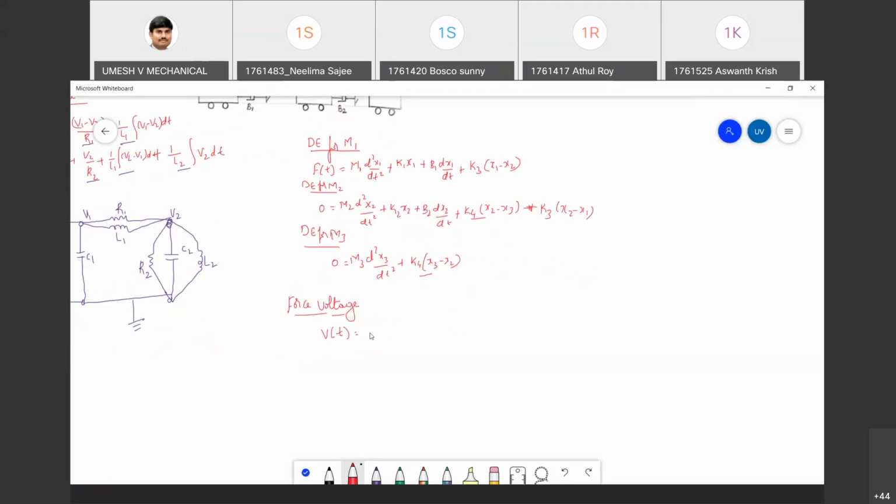Can you tell at least by referring to the table? M is equal to the force voltage, which element? Can't you tell this also by referring to the table? L, is it right? L1 dI1 by dt plus K1. K is proportional to the force voltage.